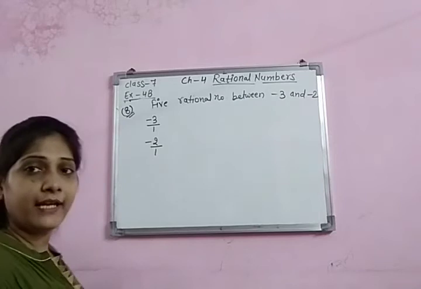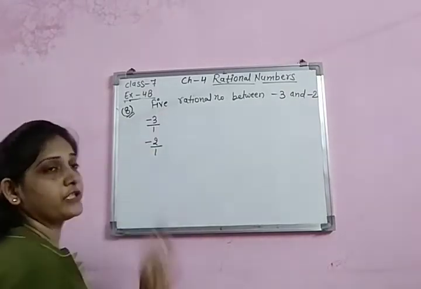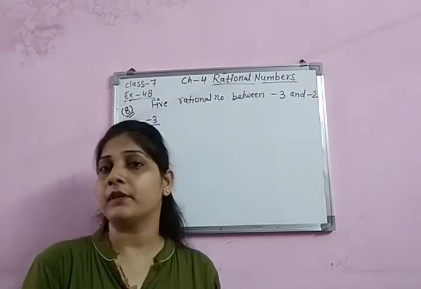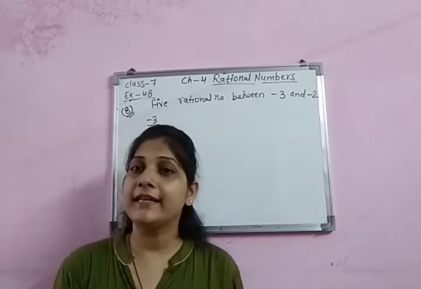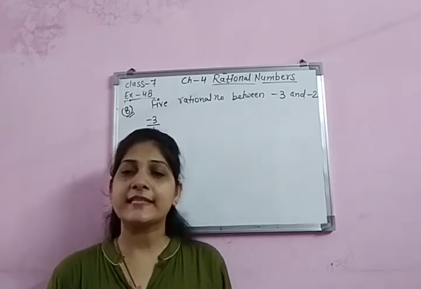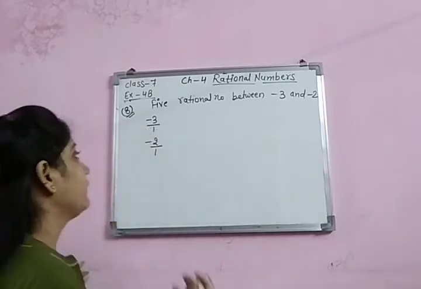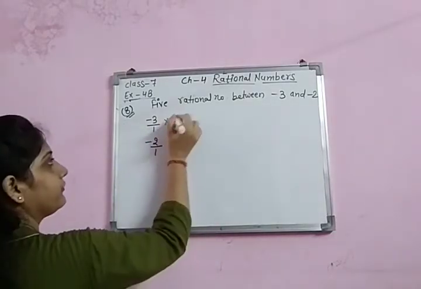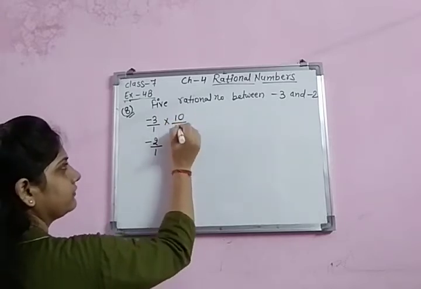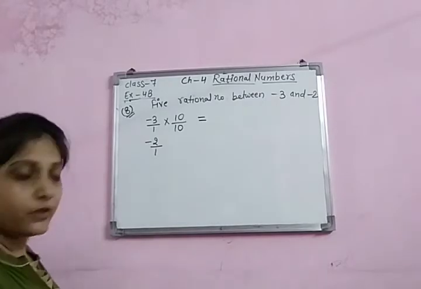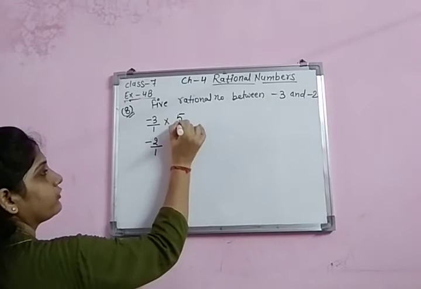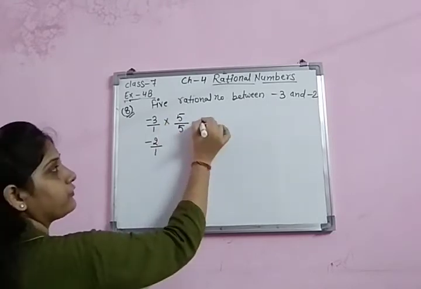So, can these be left like that only? We want 5 rational numbers. Now, use the concept of equivalent rational numbers. So, you can take any number for multiplication. Generally, we take 5, 10, 15 or 2, 4, 6, which makes our calculation easy. So, suppose I am taking 5. Both numerator and denominator I have to multiply by 5.